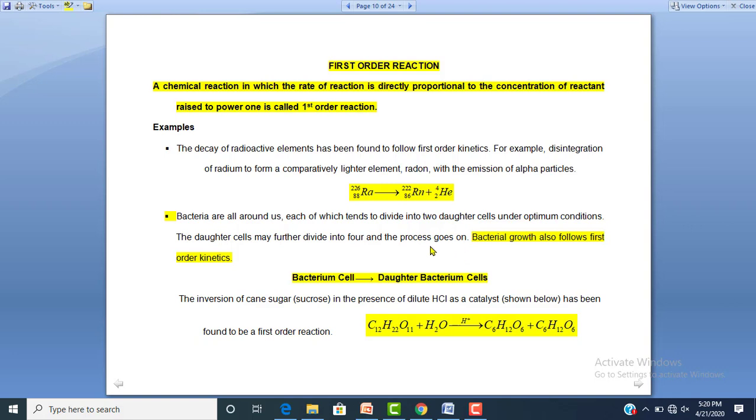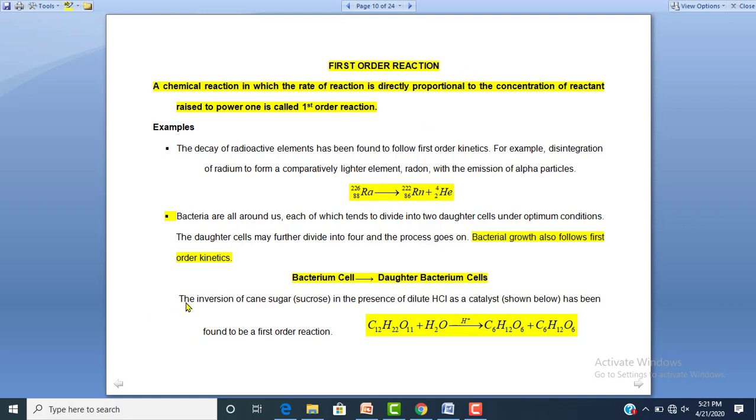Our students who have studied biology and zoology, botany, they have already learned this point. When a bacteria grows, then what happens? That a bacterium cell divides into daughter bacterium cells by mitosis, by meiosis, or some other, whatever. Anyhow, when a bacterial cell grows into daughter cells, this also follows first order reaction.